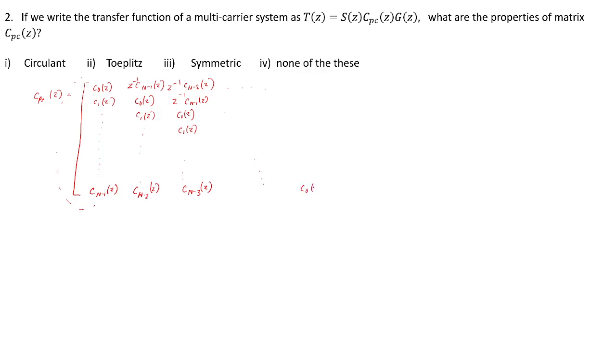C naught z comes here, therefore C1z you know that should be here, of course multiplied by z inverse. Sequence however is being followed as it is. Similarly here you will have z inverse C n minus 1 z. So this is the structure of this pseudo-circulant matrix.